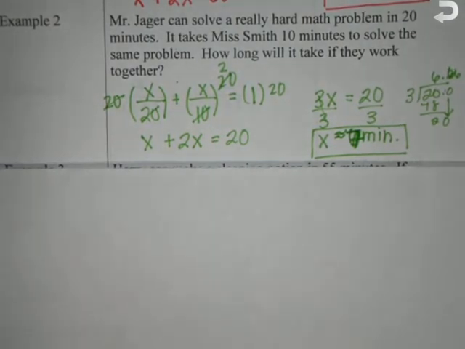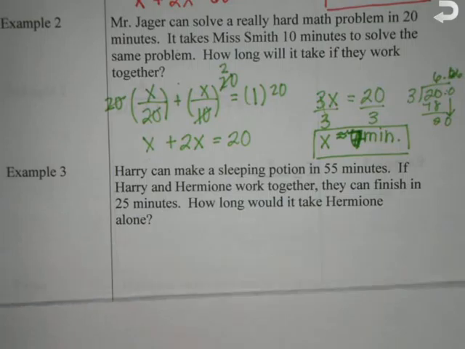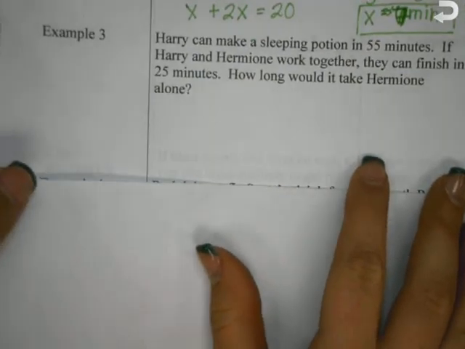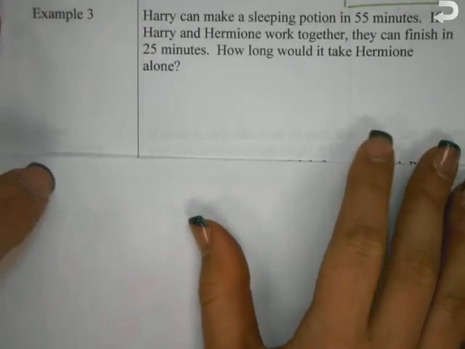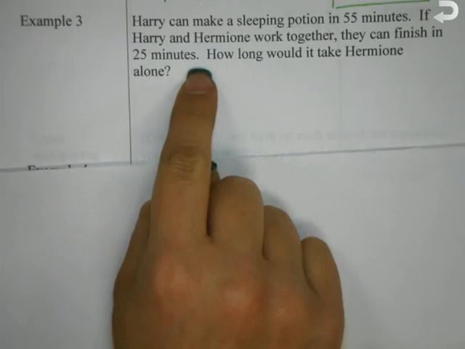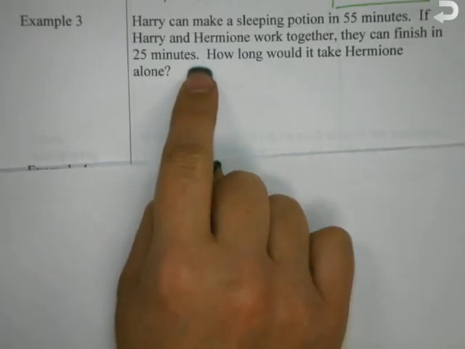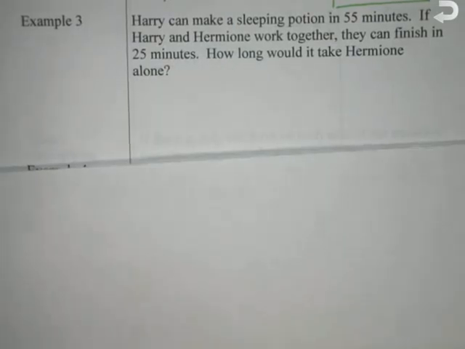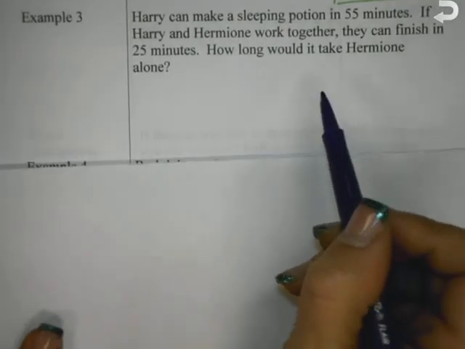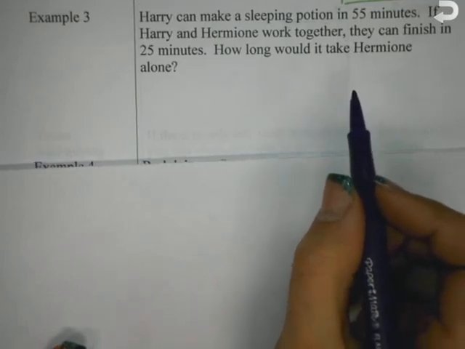Okay. Example 3. Harry can make a sleeping potion in 55 minutes. If Harry and Hermione work together, they can finish in 25 minutes. How long would it take Hermione alone? Okay, so this one is a little bit different. Do we know the together time? We do. The together time is 25 minutes.